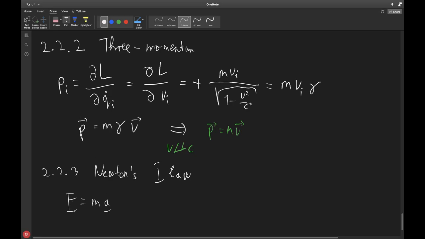Sometimes I use this underscore for vector notation, sometimes I use this arrow. I was using the arrow here because it looks a bit uglier with the p, but it's fine here. I usually use the underscore notation for vectors. So the question is if this is still true in relativistic mechanics or not.